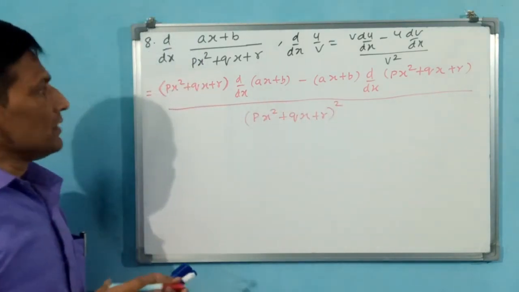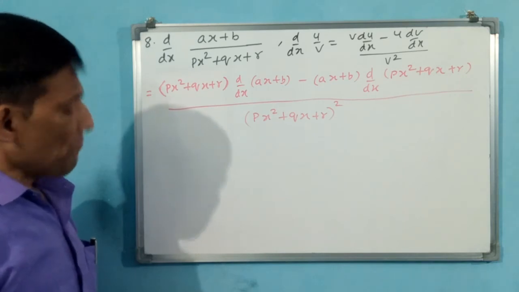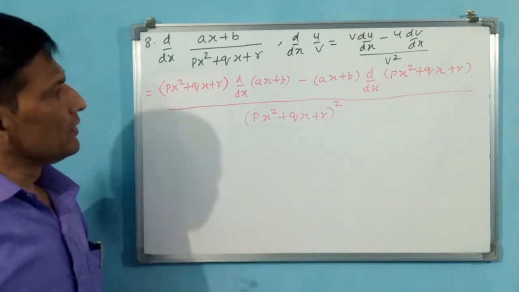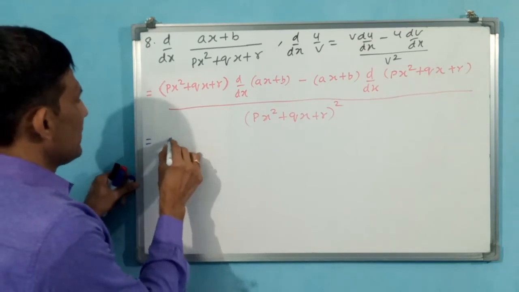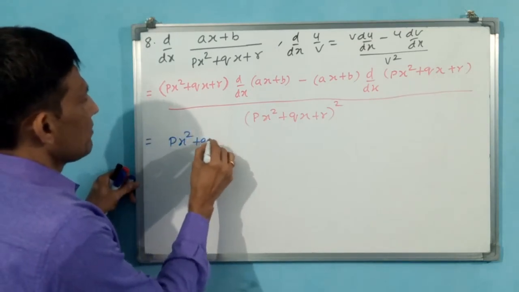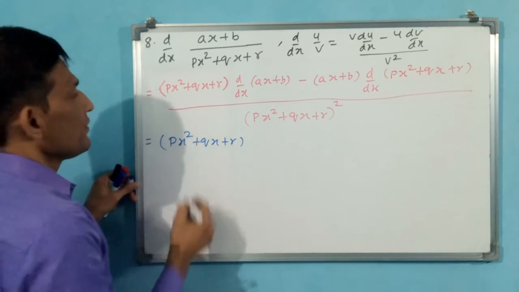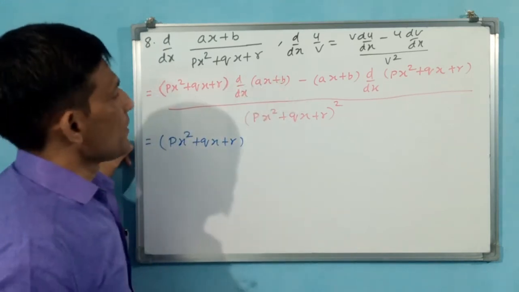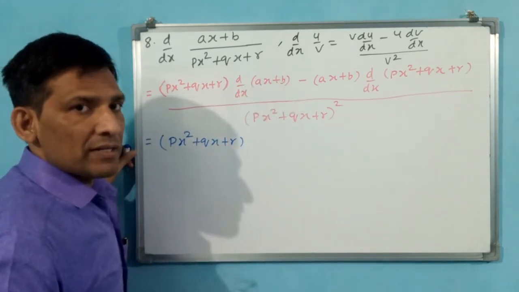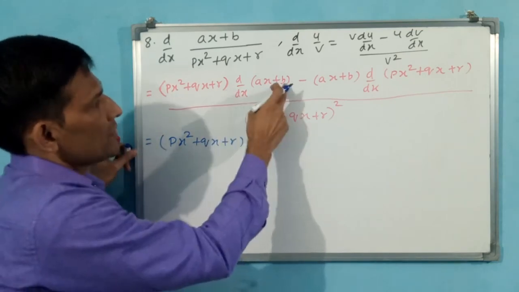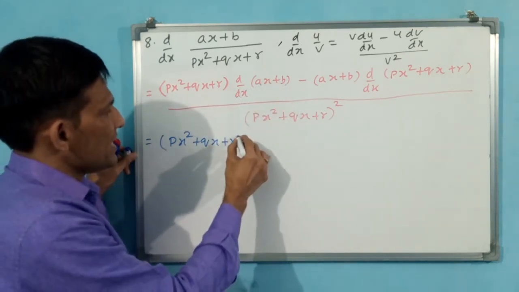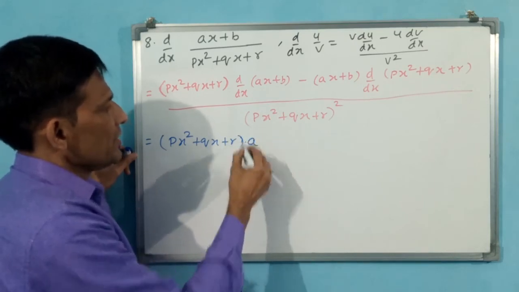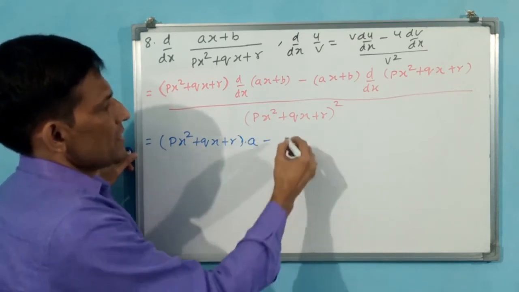That is your next step. Write down the next step. Px square plus qx plus r into, now do carefully, d by dx of ax plus b, what? A only will come, because d by dx of b is 0 and d by dx of ax is a. So I write a here, into a, minus ax plus b.